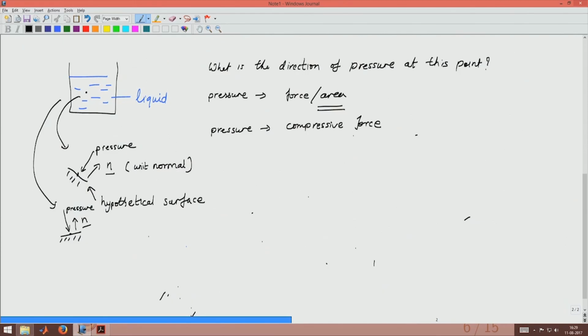What we know is that pressure is opposite to whichever surface we are writing, and so the force which is experienced due to pressure is given by minus p times n. This says that the direction of pressure is opposite to the surface normal.